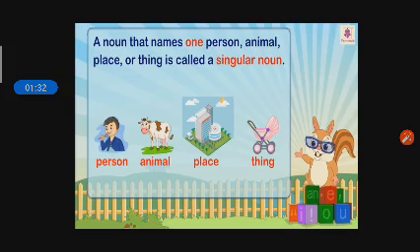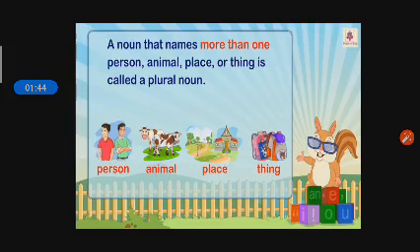See the example: 1 person, 1 animal, 1 place and 1 thing. Okay, this is called a singular noun. 2 persons, 2 animals, 2 places and 2 things. More than 1. Okay, more than 1 is called a plural noun.